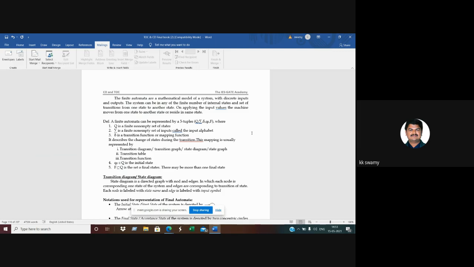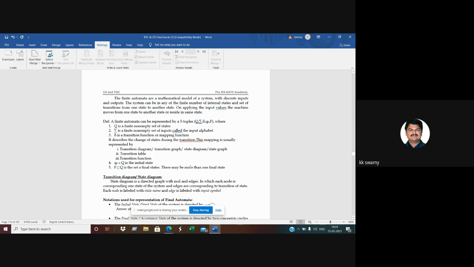Delta is a transition function or mapping function, described as Q cross sigma gives Q. That means Q is any one of the states from capital Q, and sigma is any one of the input symbols from sigma. By using these two, we can switch to another state, also from the capital Q. Q naught is the initial state, and F is the set of final states.